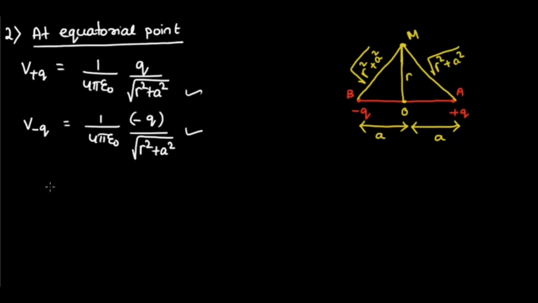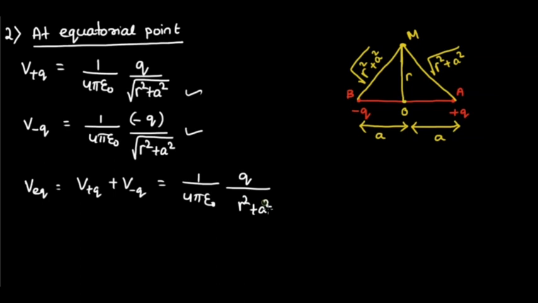Now if we add them, we will get the total electric potential at the equatorial point. So the V equatorial will be how much? It will be V plus Q plus V minus Q, that will be equal to 1 by 4 pi epsilon naught Q divided by square root of r square plus a square, plus this one will be minus 1 by 4 pi epsilon naught Q by square root of r square plus a square.